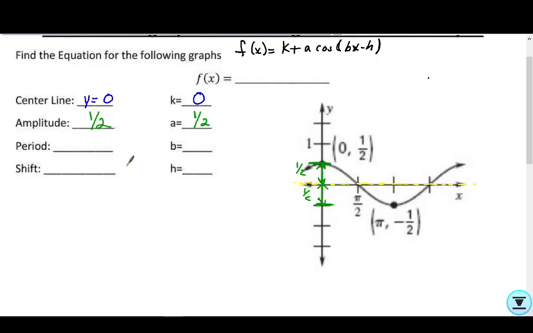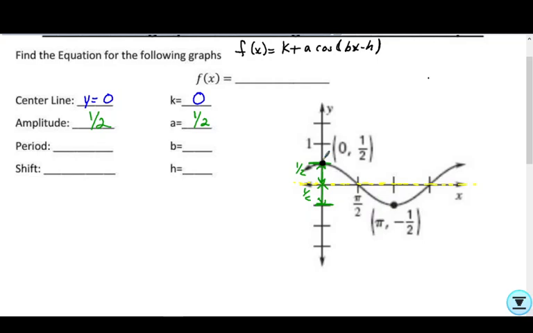All right, let's look at my period. Do I have a change in period? Well, I've definitely got these two points. Now, I picked cosine because at my y-axis right here, I can see that my graph hits a maximum, just like cosine does.